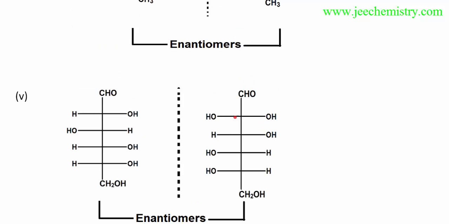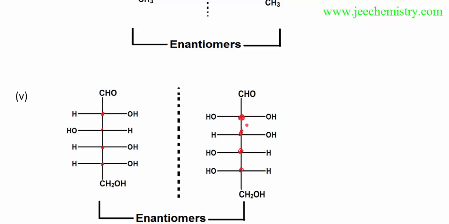In this compound, one thing we have to check is that the absolute configuration must be opposite. Whatever the configuration of these 4 chiral carbons is, it will be opposite to the absolute configuration of the 4 chiral carbons in the other compound.